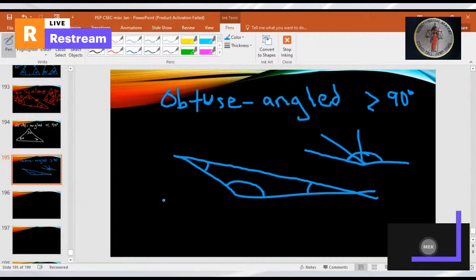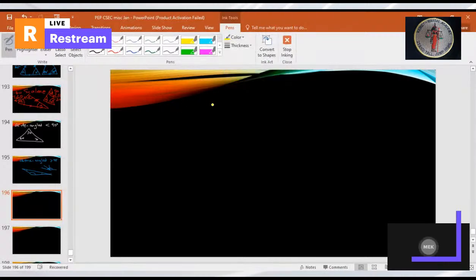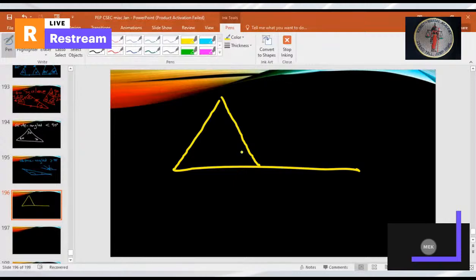Knowing all of those, the CSEC would require you to know each of those, bearing in mind the angles in a triangle add up to 180 degrees. You should also know that when we have a triangle like this, for example, we have an interior angle here and an exterior. These two angles also add up to 180.